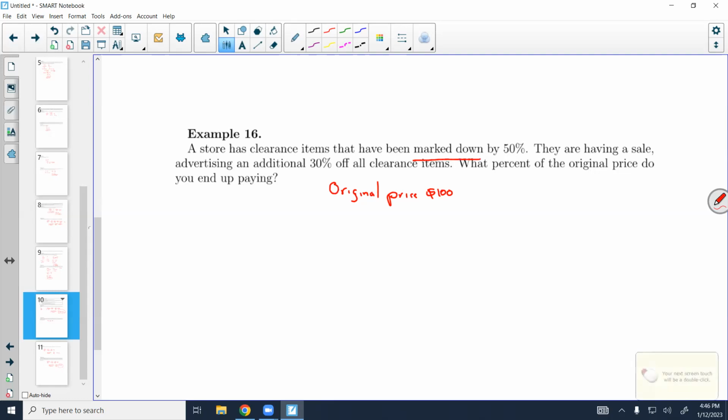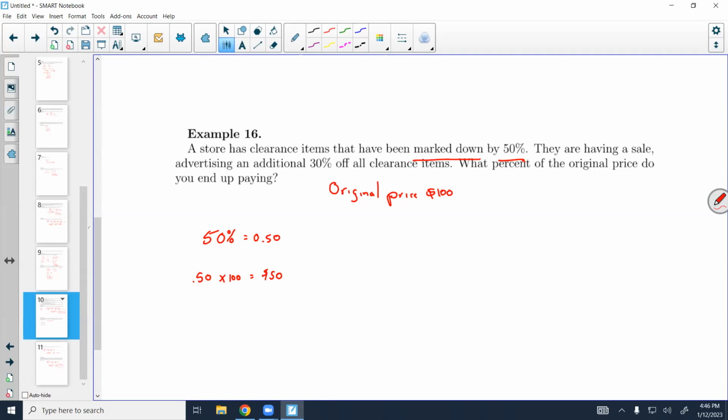Marked down 50%. So 50% is 0.50. 50% of our original price. This gets a little tricky. It's $50.